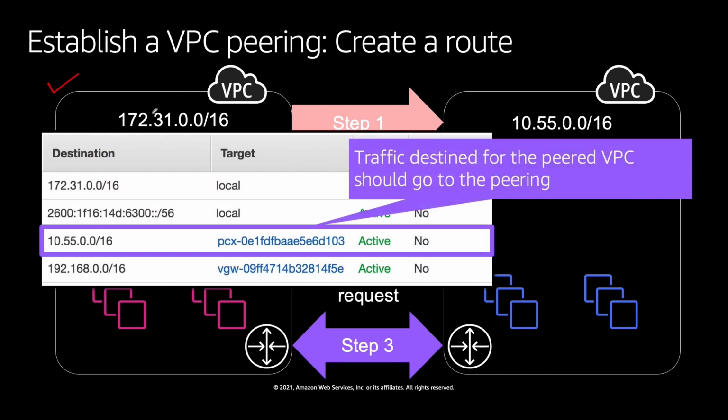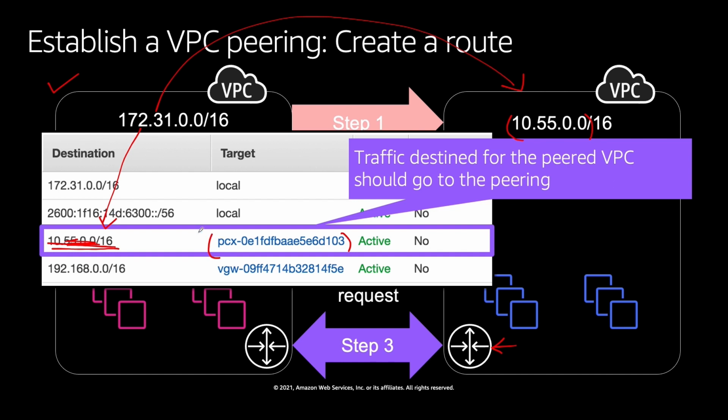So let's see how the route table would look for this VPC. This VPC needs to talk to that VPC, so this IP range is 10.55.0.0, and that's why you have an entry of 10.55.0.0/16. But now in the target you have this VPC peering construct. Similarly, you will have an entry in the route table which is part of the blue VPC, where this IP address would be this address.